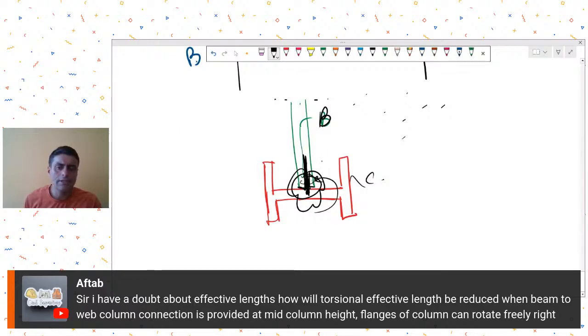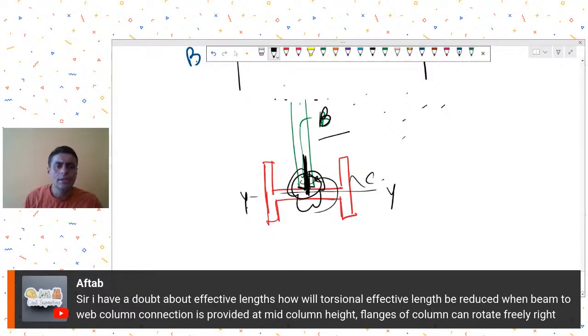But if that is not the scenario, then in such cases you could assume that they are providing restraint for flexural buckling about the YY axis, but you have to assume that the beam does not provide any torsional restraint. So torsional buckling is not restrained, while flexural buckling about the YY axis in such cases may be restrained.